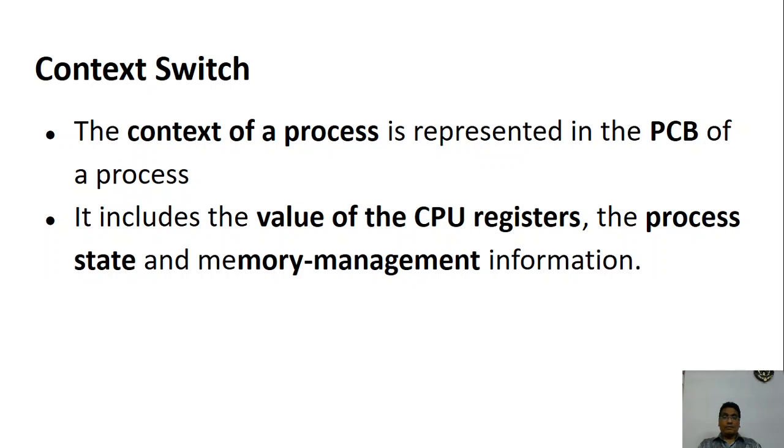Now we know very well, when I say save the state, what is the meaning of saving the state? Save the PCB, the process control block, because the process control block contains all the details: details about the CPU registers, the state of the process, its memory, and so on.